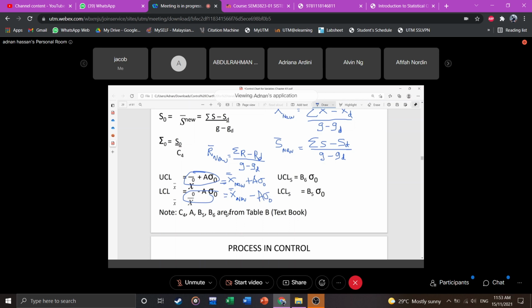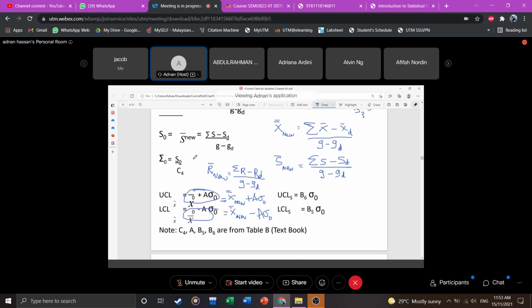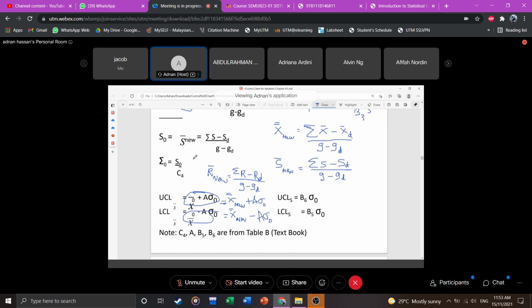So you have sigma note here. Sigma note can be estimated from this one. This is sigma note, where you have S note, meaning as new.